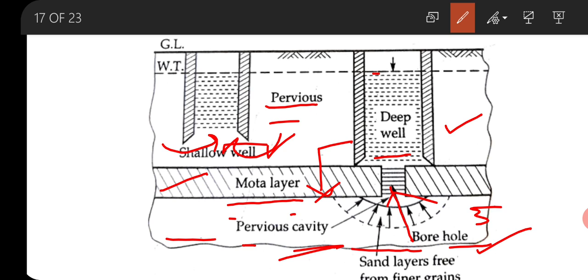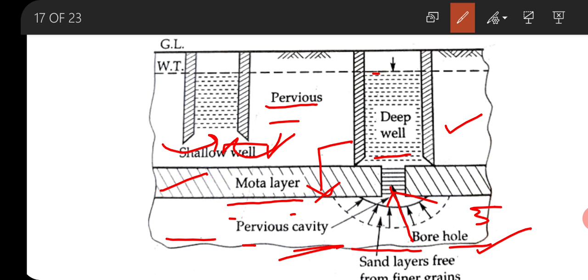This mota layer is a layer of clay, cemented sand or other hard material, and the main advantage of this mota layer is that it will give a structural support to the well resting on its surface.